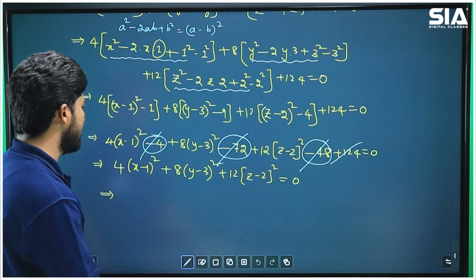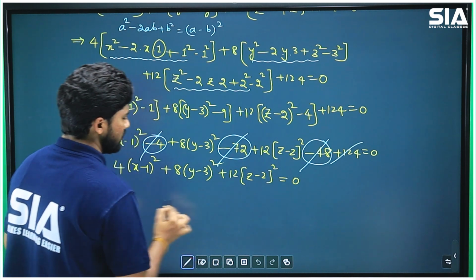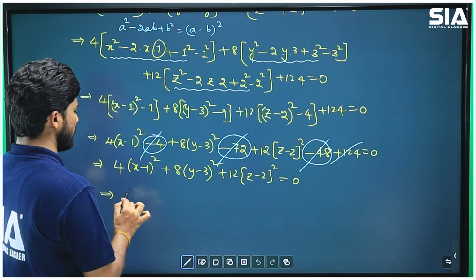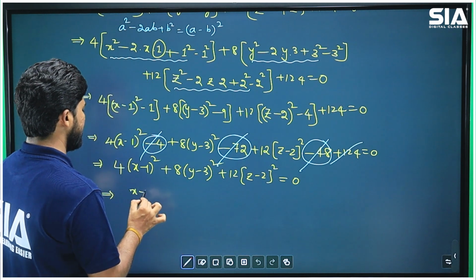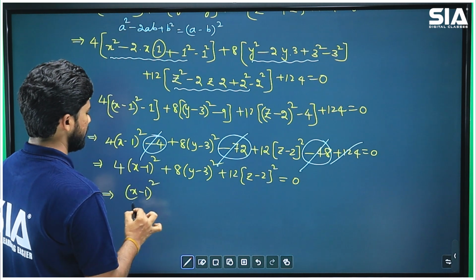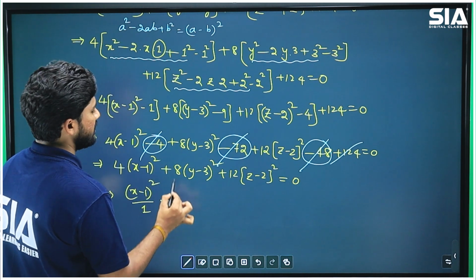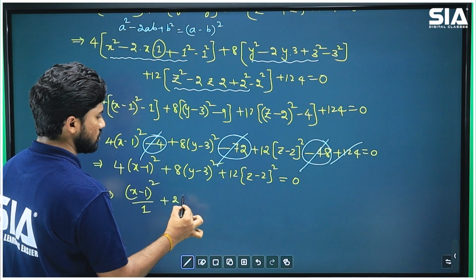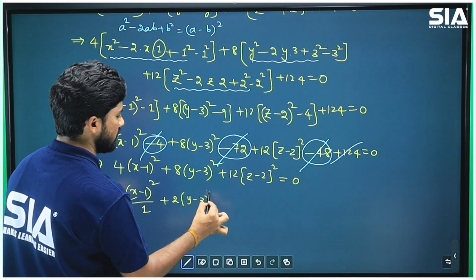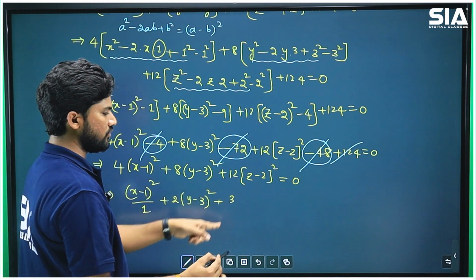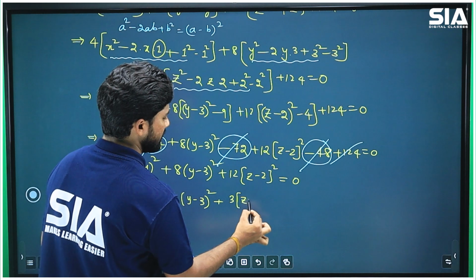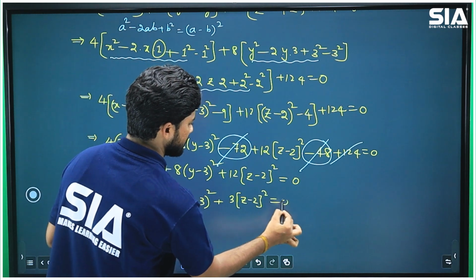Not a problem. Now divide on both sides by 4. If you divide on both sides by 4, then you will get x minus 1 whole square by 1 plus 8 by 4 means 2, y minus 3 whole square plus 12 by 4 means 3, here you get z minus 2 whole square is equal to 0.